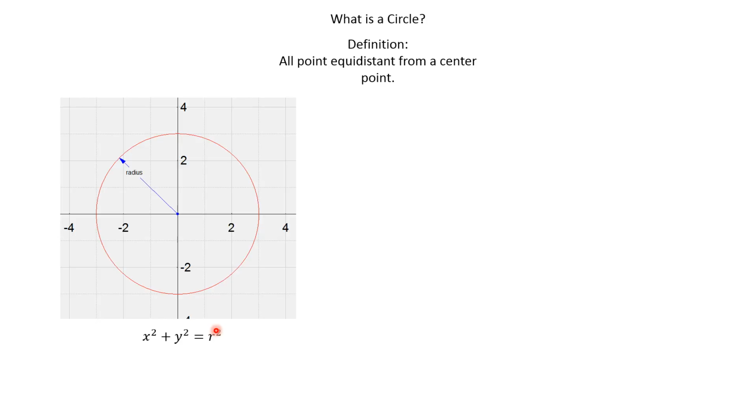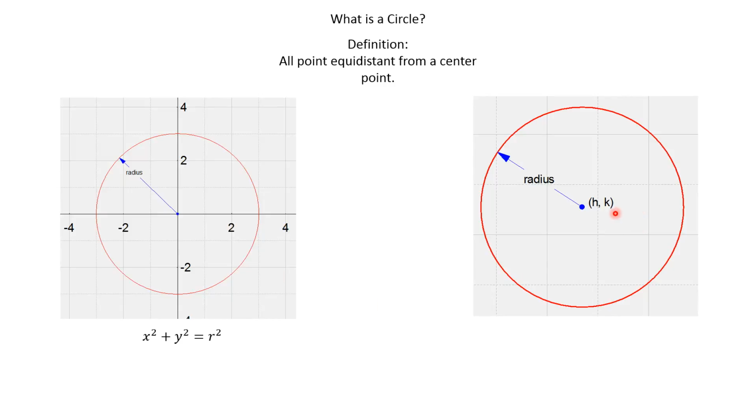Well, what if we took the center and we moved it to another point? Let's say to the point h comma k. Oh, the h comma k is back. What does h comma k remind you of? If you're thinking transformations, you would be correct. We just shifted the center to h comma k.